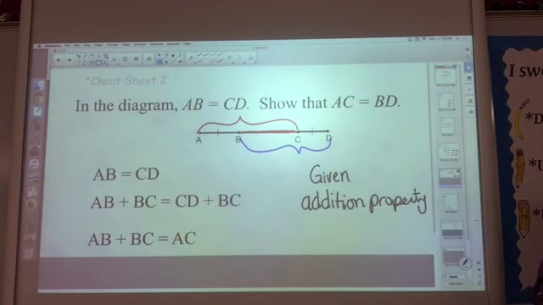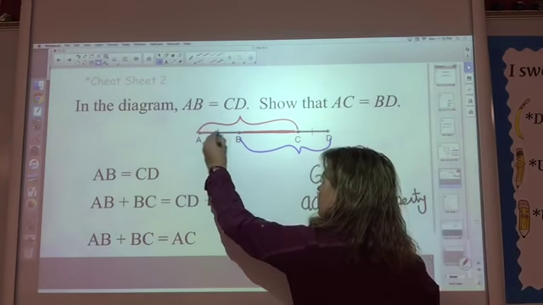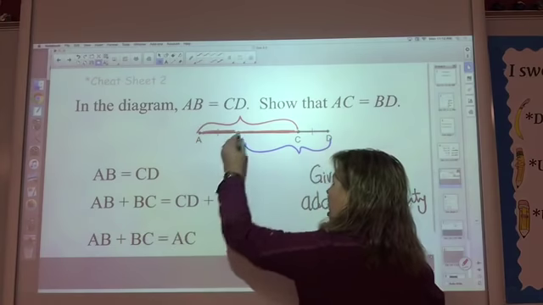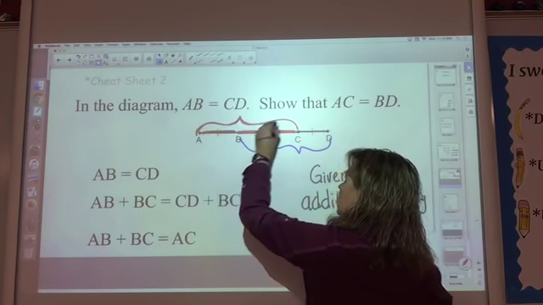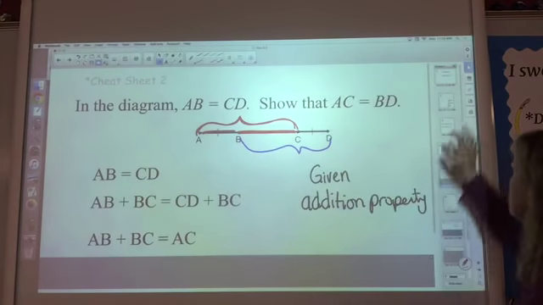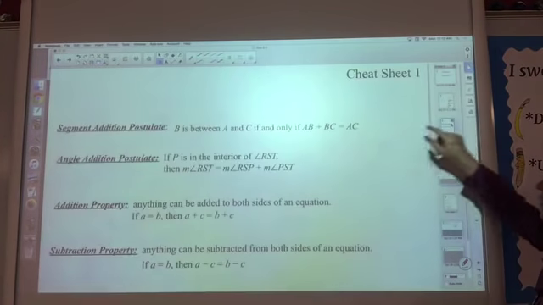Well, then from there they tell us, okay, I know that AB plus BC equals AC. And I can look through all my cheat sheets and try to figure out why, but I could also look at the picture. If I take AB, which is right here, and I add BC to it, altogether I'm going to get AC. That's from chapter 1, but it's also on your first cheat sheet.